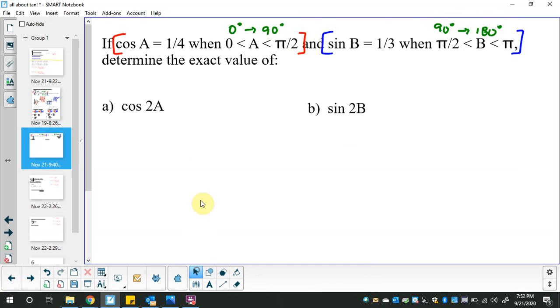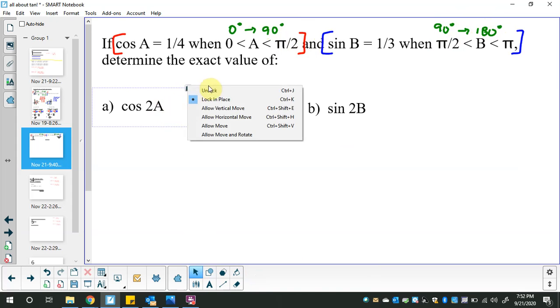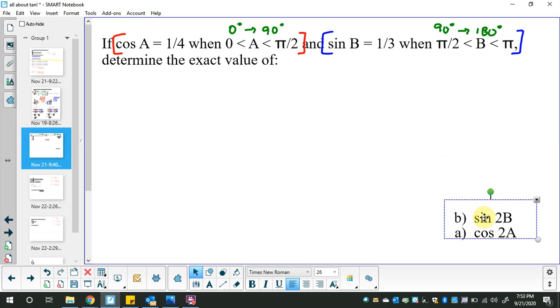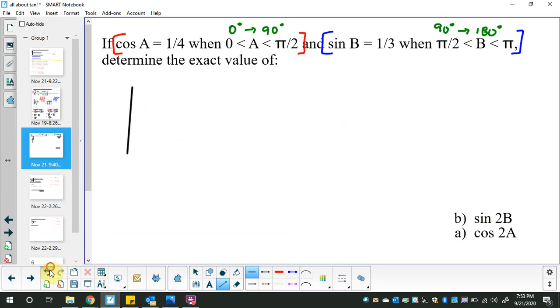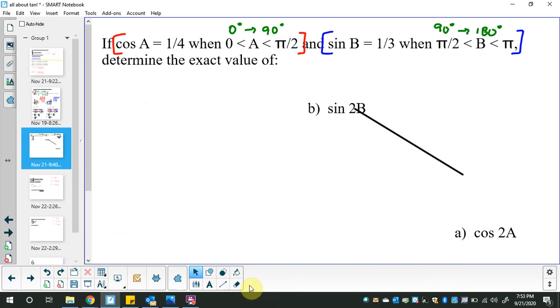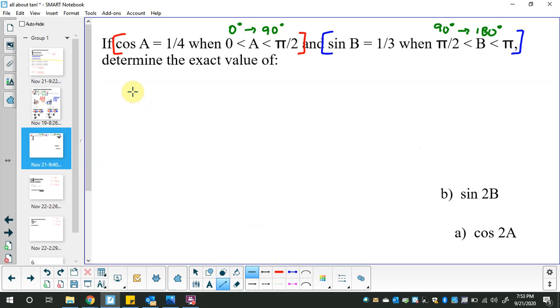So again, I have to take these things out of the way and pre-draw my triangles. So first one, I can draw the axes right in the center, or I can focus on the quadrant I need to, which is the 0 to 90.